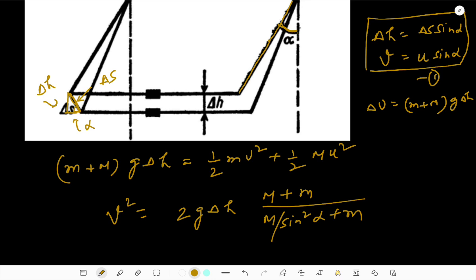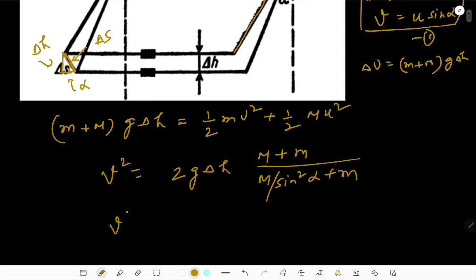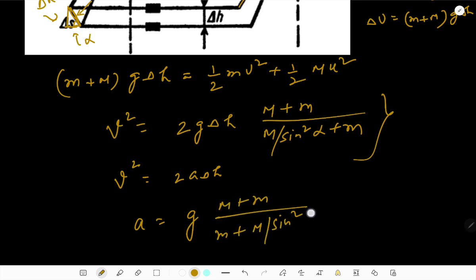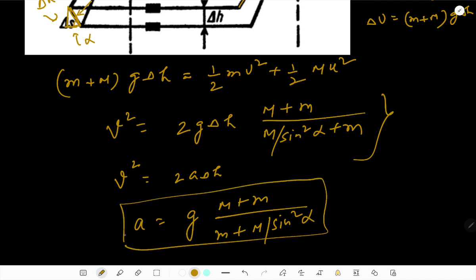Then I write v squared equals 2a delta h, which comes from v squared equals u squared plus 2as. Comparing these two equations, I get the acceleration of the bead: a equals g (M plus m) divided by (m plus M over sine squared alpha).